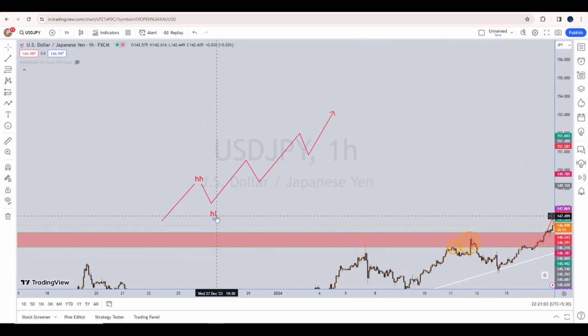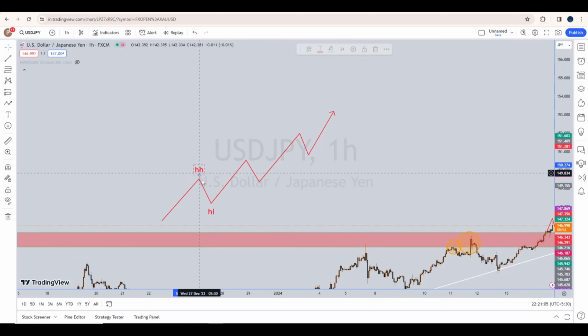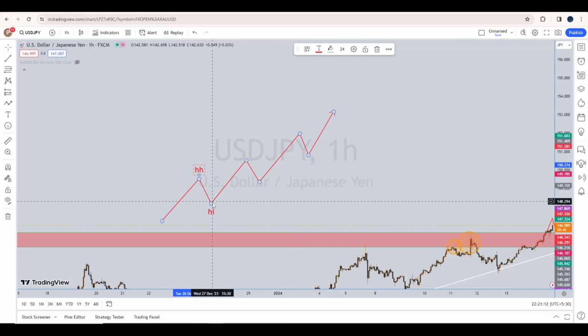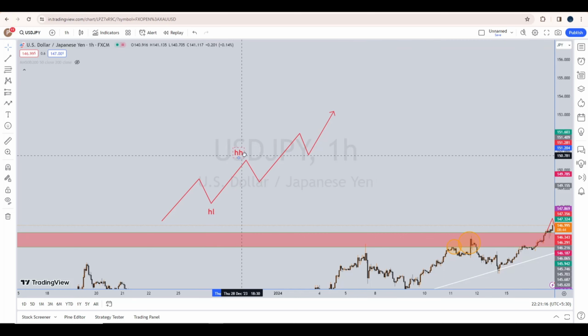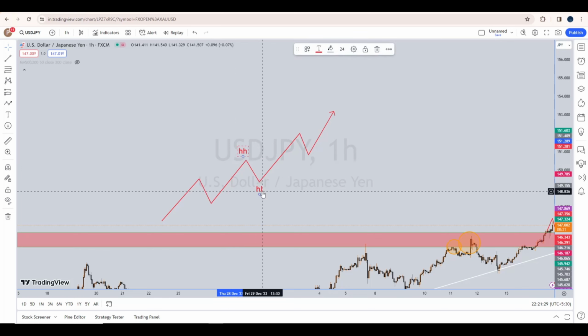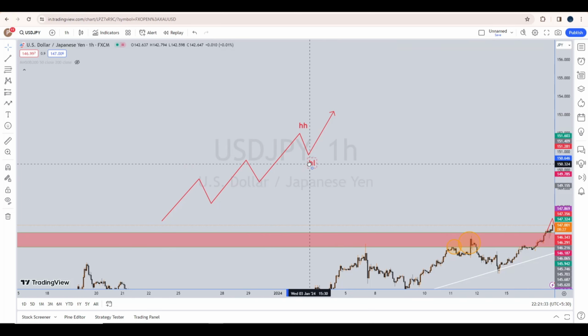So in an uptrend, price first goes to a level, rejects, takes a support and again goes up. So it's a higher high, higher low, again a higher high and a higher low. In this way our uptrend goes.